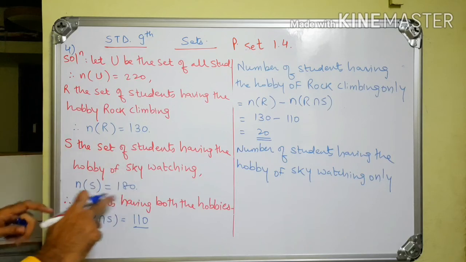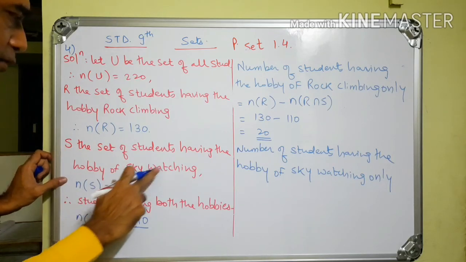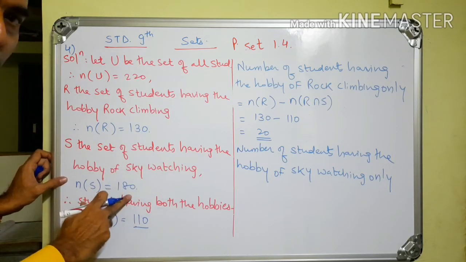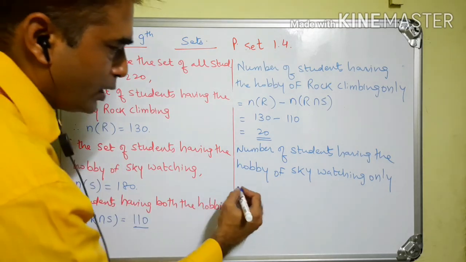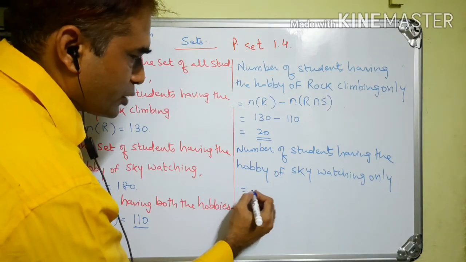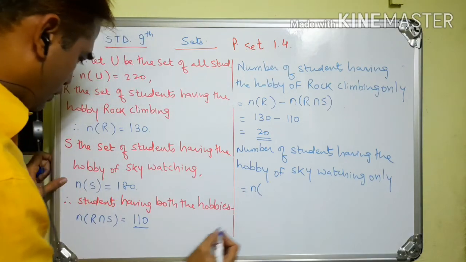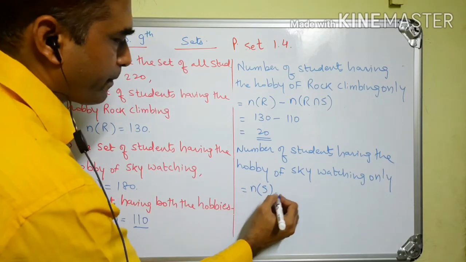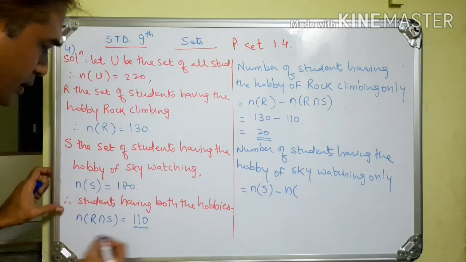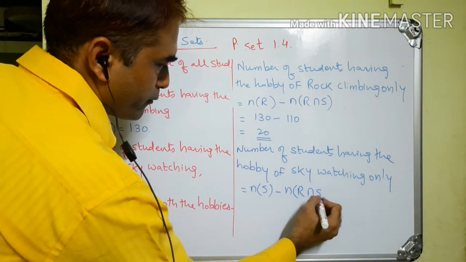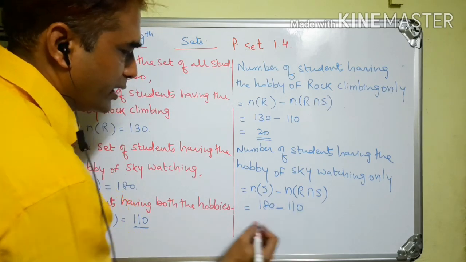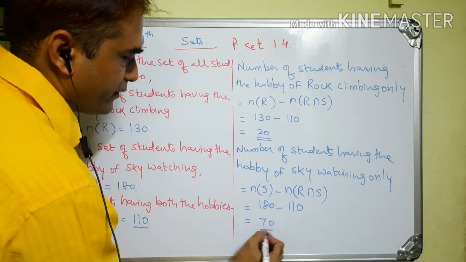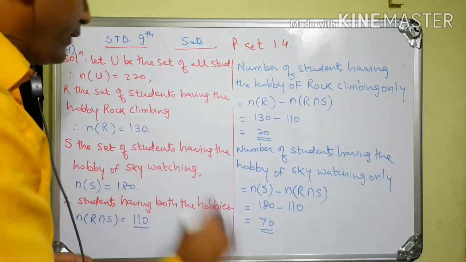Though there are 180 students who have the hobby of sky watching, some of them also have the hobby of rock climbing. How many are they? 110. We will subtract that. So this is equal to n(S) minus n(R intersection S). This is 180 students minus 110, which equals 70 students. Thus we have solved the example.